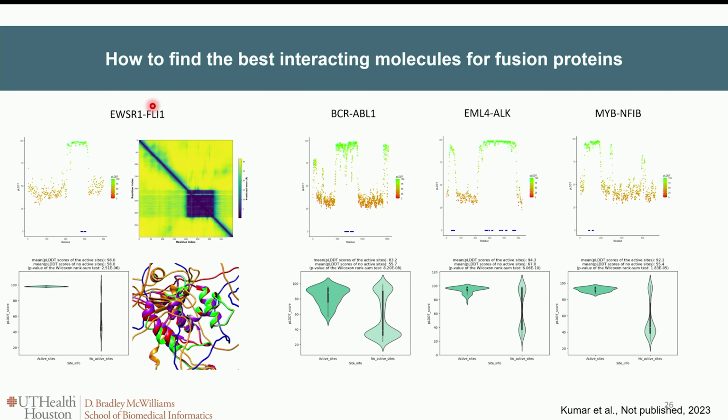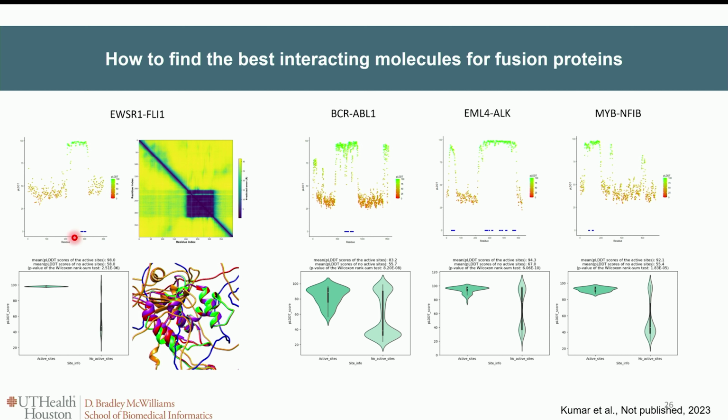We are thinking about how we can find the best interacting molecule for fusion, not wild type. We are trying many different ways, but this is the first filtering scheme. So this is the EWS-FLI1 fusion in Ewing sarcoma, which is a pediatric bone cancer. This is the fusion protein's pLDDT score, and usually in this position there is the functional domain.